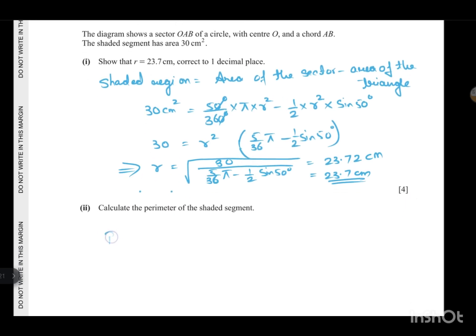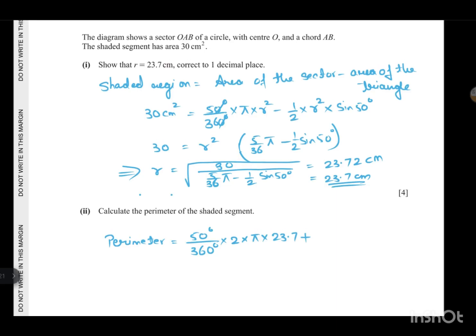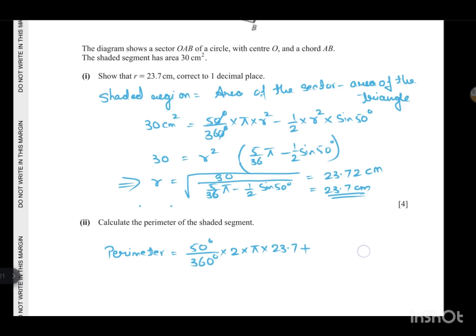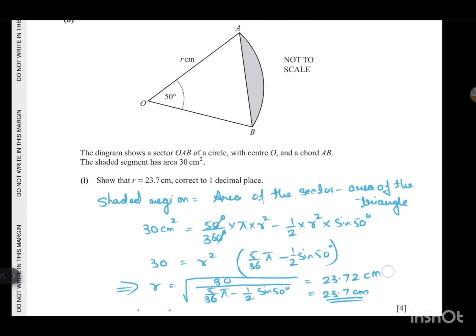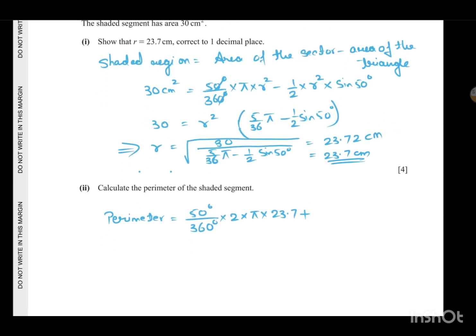Perimeter is equal to 50 by 360 into 2 pi r, we got 23.7, plus the length of the third side, AB.